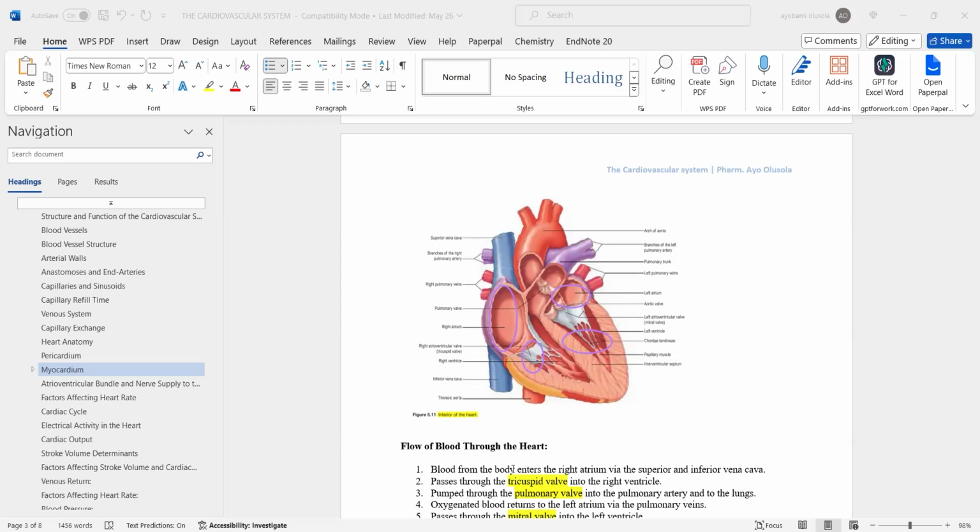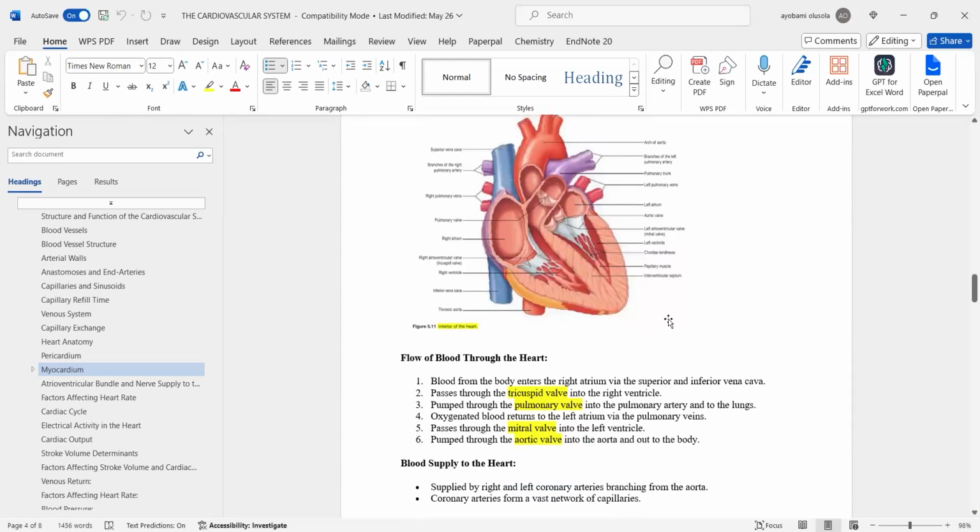If the blood is coming from the lower side of the body, it flows into the inferior vena cava. If the blood is coming from the upper part of the body, it flows into the superior vena cava, and it enters the right atrium. By the time it enters the right atrium, the tricuspid valve, which is the valve between the right atrium and the right ventricle, must open for the blood to enter into the right ventricle.